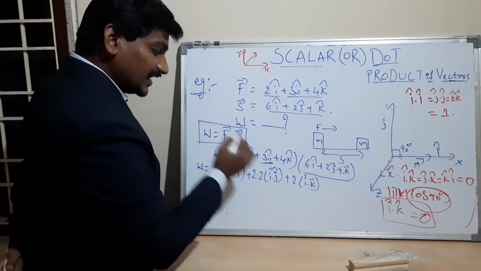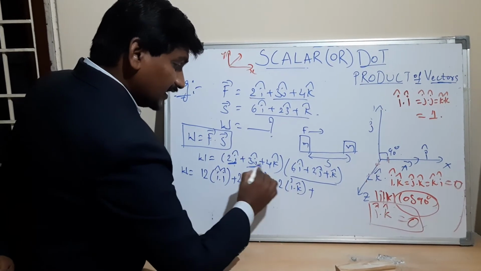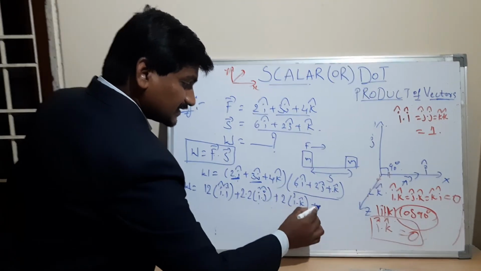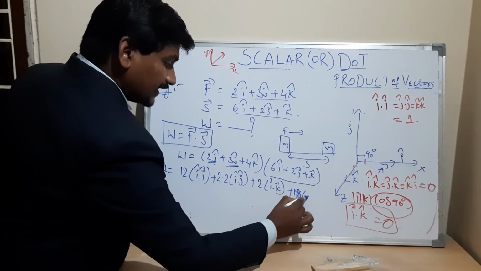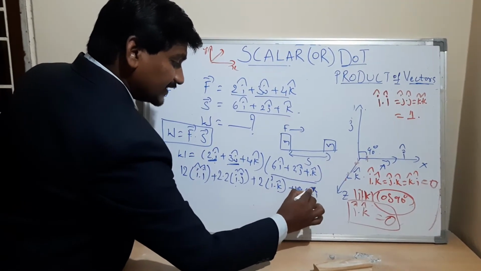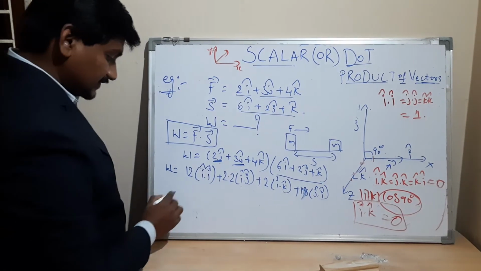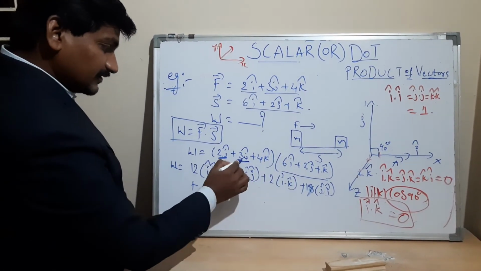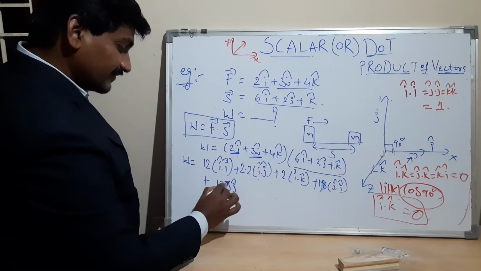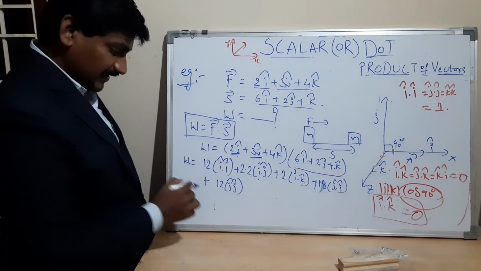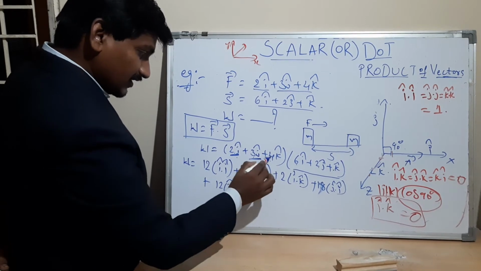Then next with the 3j, 3j with the 6i, 3 into 6, 18, but j dot i is orthogonal vectors. Then next 3j with the 2j, 3 into 2, 6, j dot j, they are parallel vectors, in the same direction.